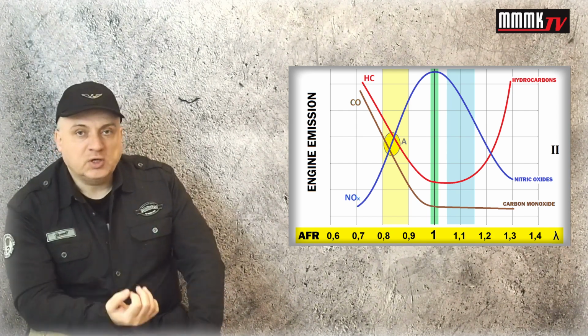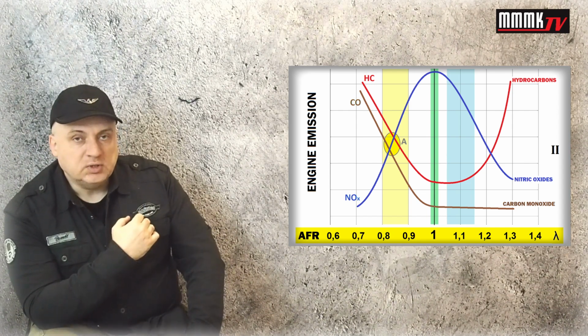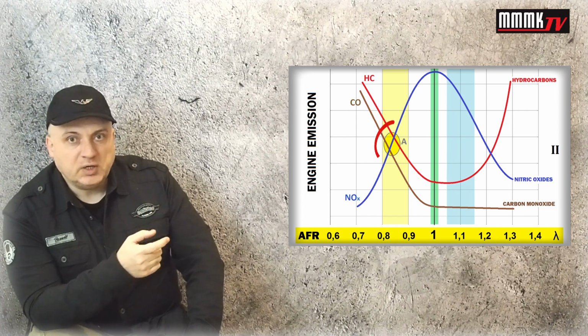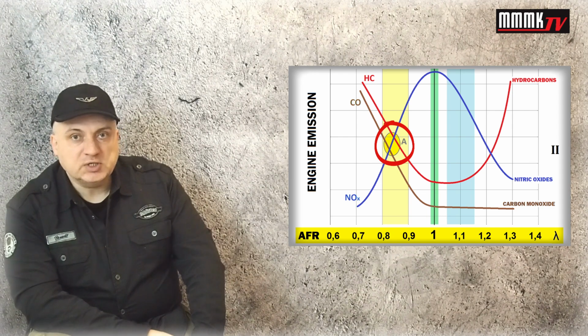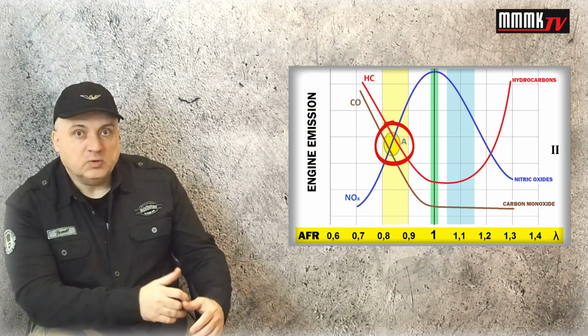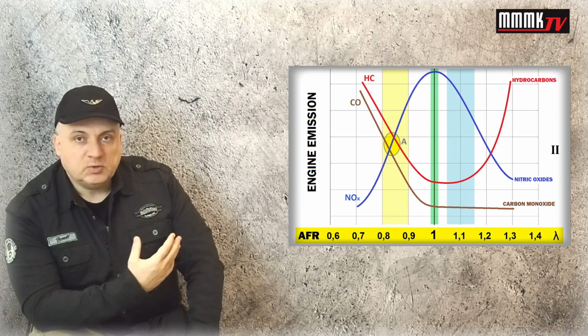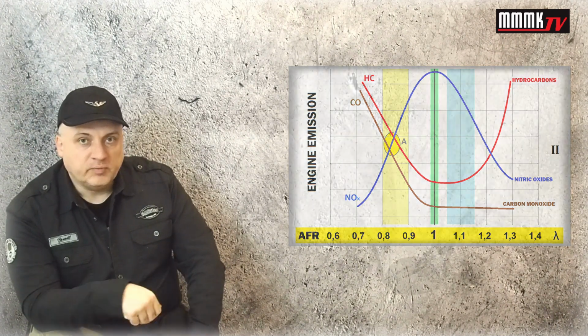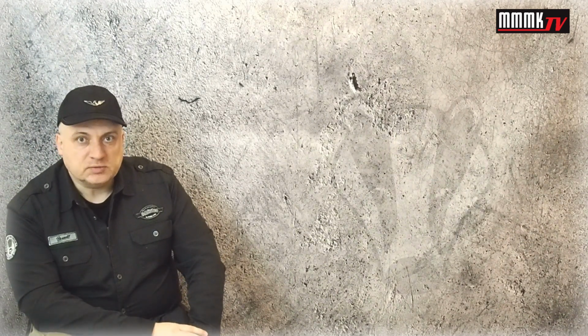So even for the ecology, it would be better if we went back to lambda 0.8-0.9, the area that engines used to be adjusted to without a catalyst. This, combined with those negative feelings from poor throttle response, made me wonder if there are any solutions.